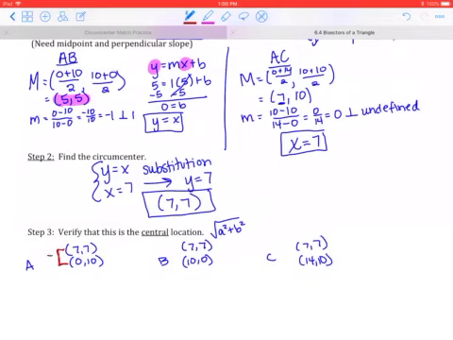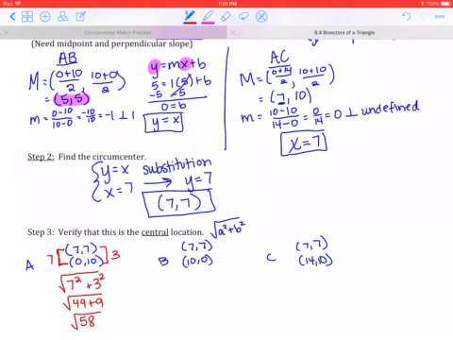So between 7 and 0, that's 7 units. And between the y values, between 7 and 10, that is 3 units. These are my a and b for my distance formula. So this is going to be the square root of 7 squared plus 3 squared. And that's going to give me 49 plus 9, which is 58. So I have the square root of 58.